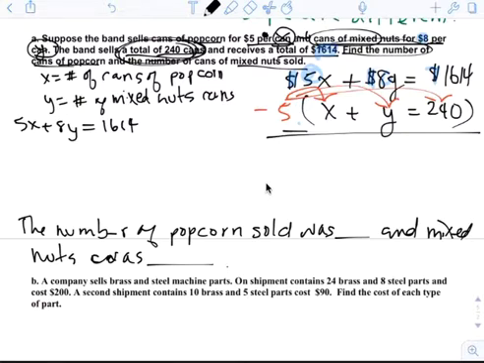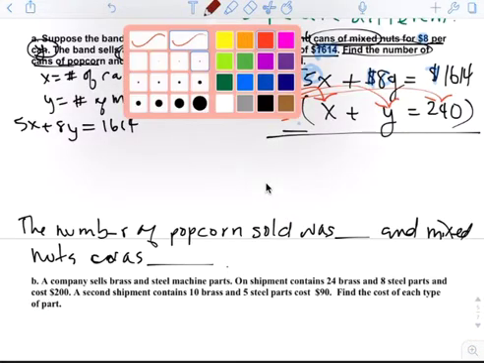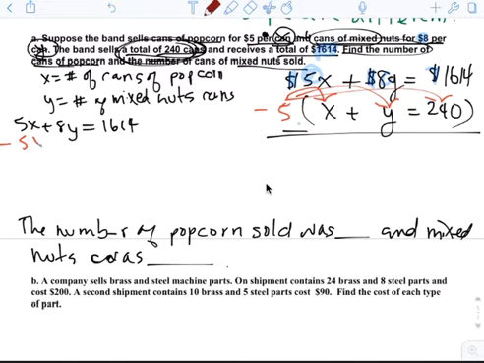And then you distribute that, you get -5x minus 5y equals -1,200. That gives you 3y equals 414.